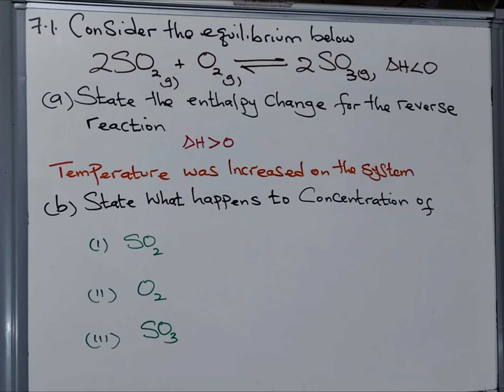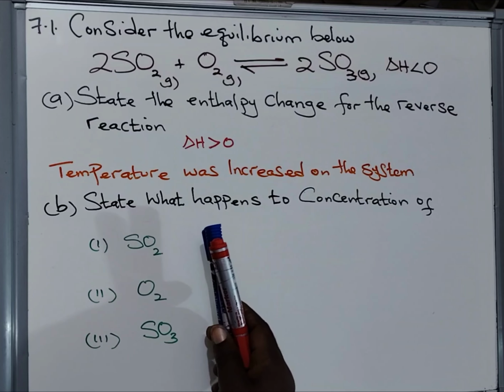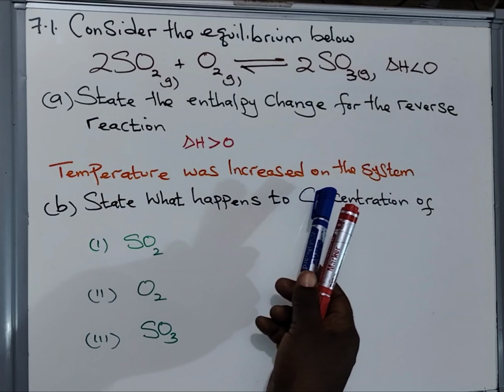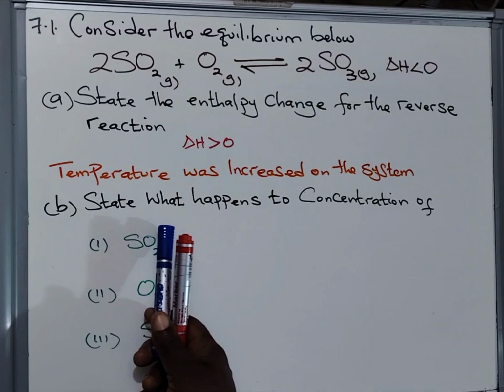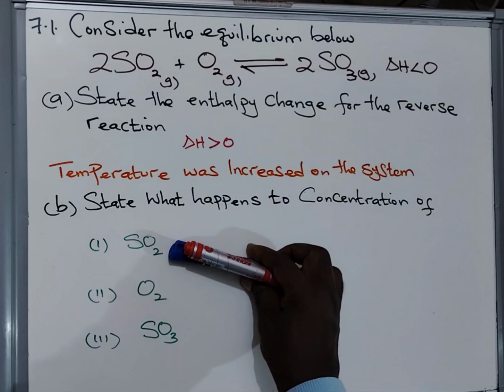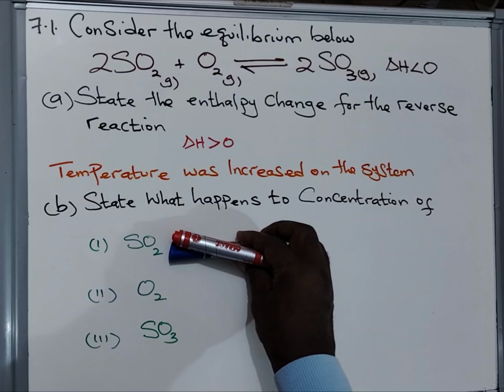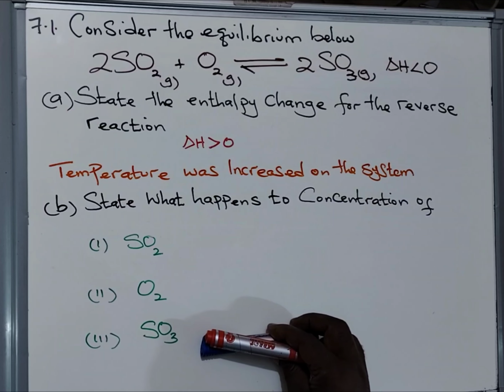Then we come to this question. It says, temperature was increased on the system above. And the question says, state what happens to concentration of this: sulfur dioxide, oxygen, sulfur trioxide.